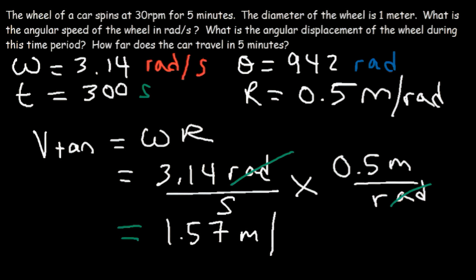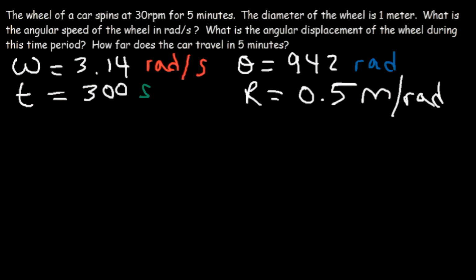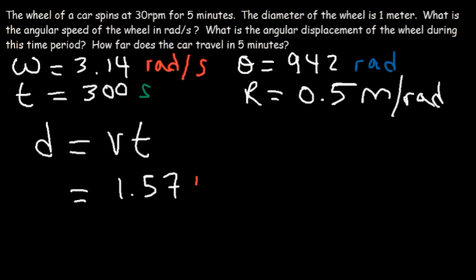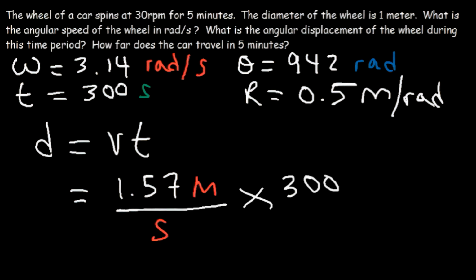1.57 meters per second. So now that we have the tangential velocity, we could find the distance using this equation. D is equal to VT. So 1.57 meters per second multiplied by the time of 300 seconds will give us the linear displacement, which is 471 meters.